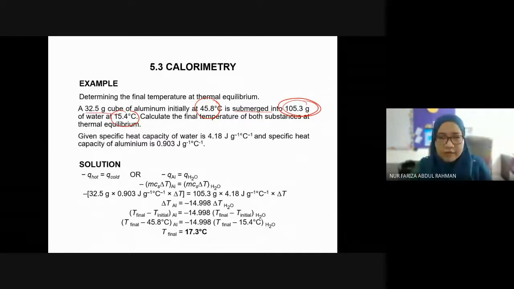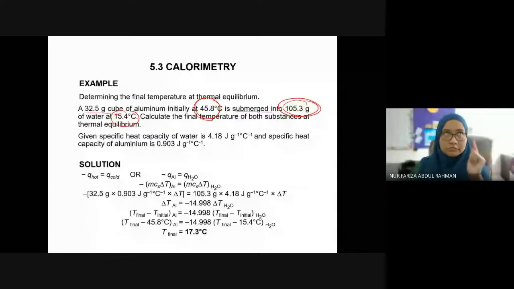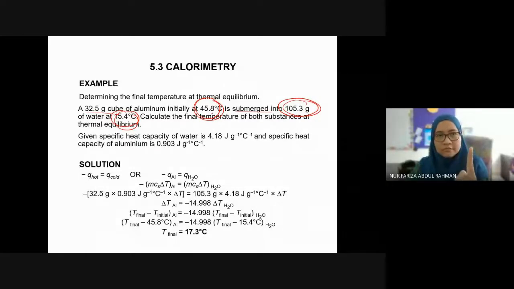You identify that this one is hotter because its temperature is higher. So the heat will be released from the aluminium to the water. The aluminium will have an exothermic process, whereas the water will have an endothermic process.